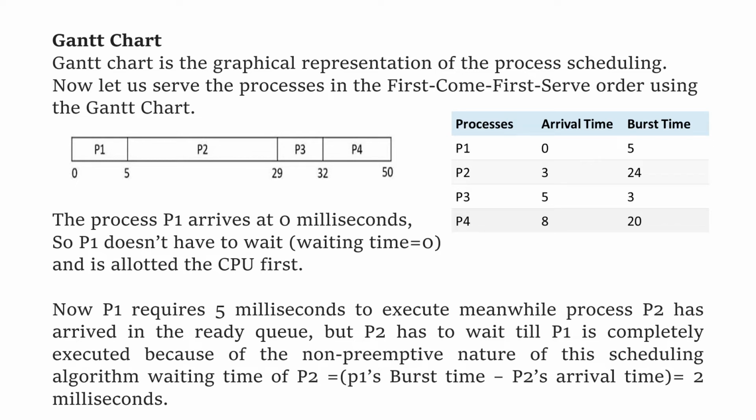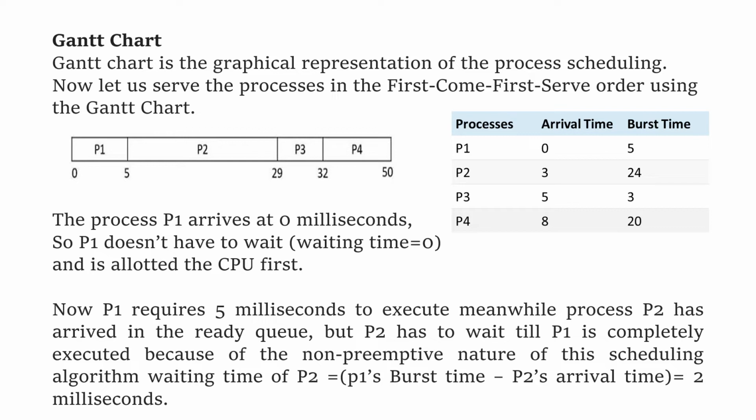So P1 arrives at 0 milliseconds and does not have to wait, so its waiting time is 0 and it is allotted the CPU first. And then P1 requires 5 milliseconds to execute.